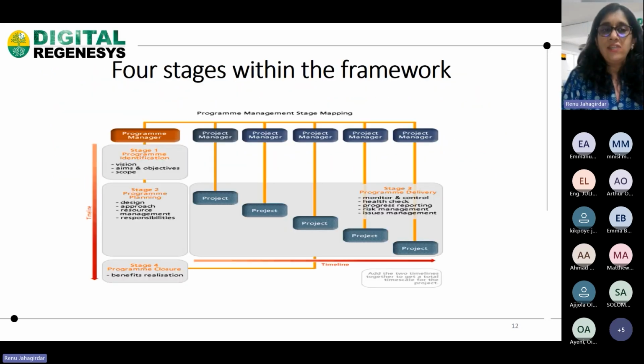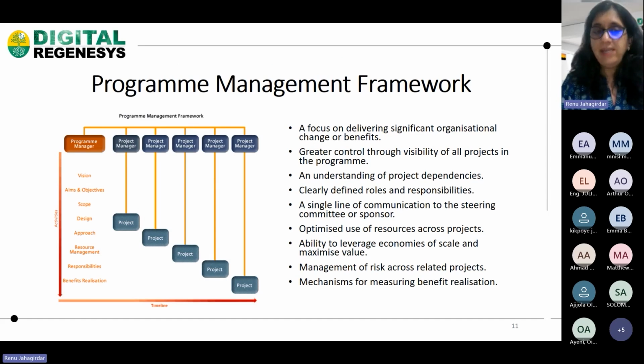So in stage 1, they have said program identification, vision, aims, and objectives, and scope. It is strongly believed. What was the sentence which I said just a few seconds back, that all the projects will have a different strength. These projects are interlinked with each other, but they do not have the same strength.